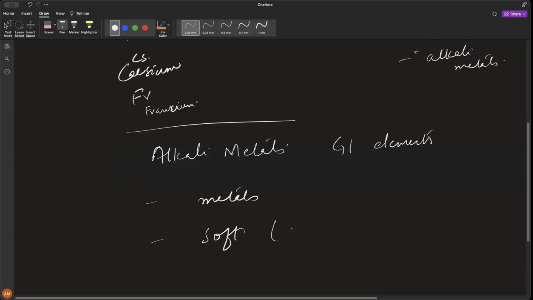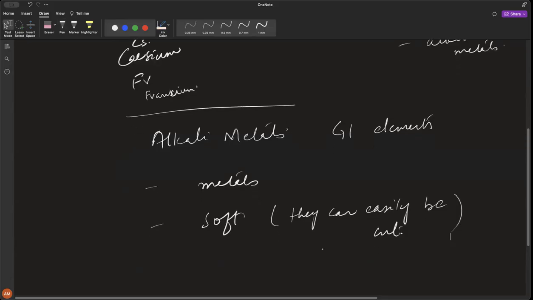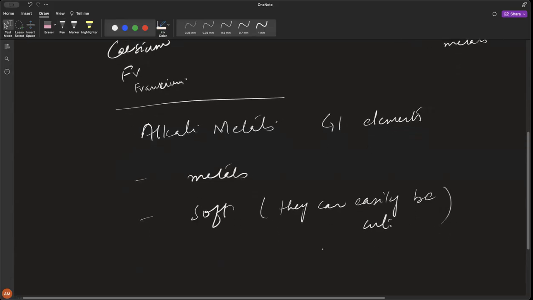They can easily be cut. When they are cut, they have a shiny, silvery inside surface.